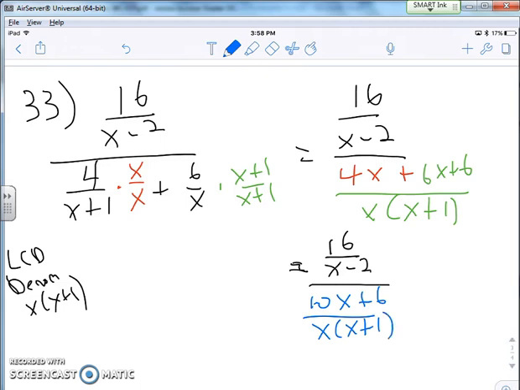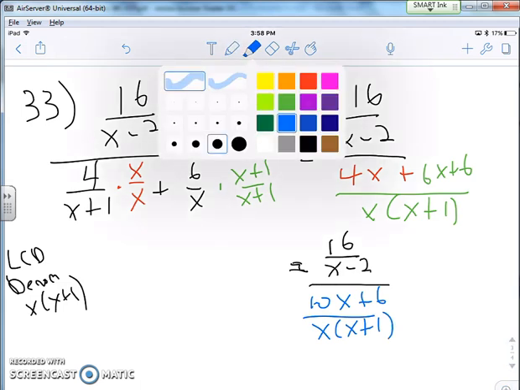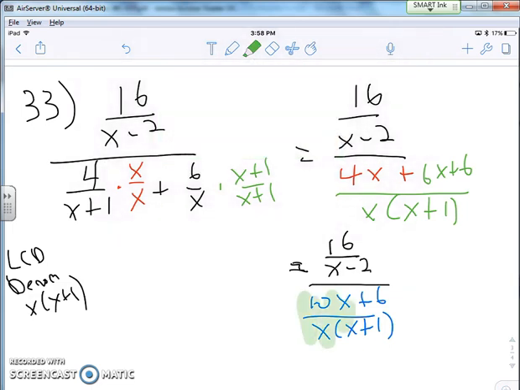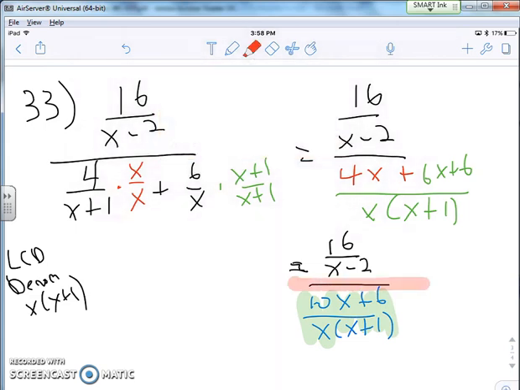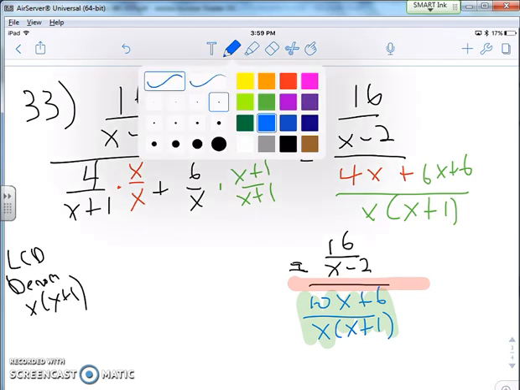And now I'm going to take the bottom here, this denominator, and instead of dividing by it, since this line I'm highlighting means divide by that, I'm going to multiply by its reciprocal.